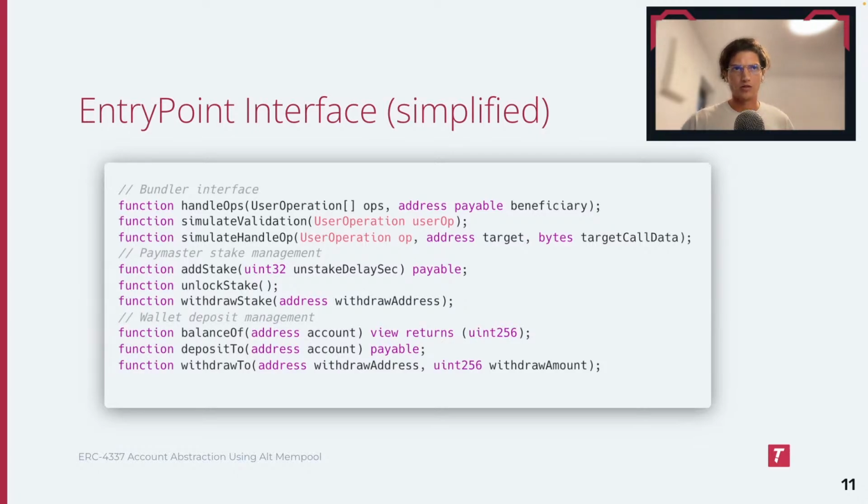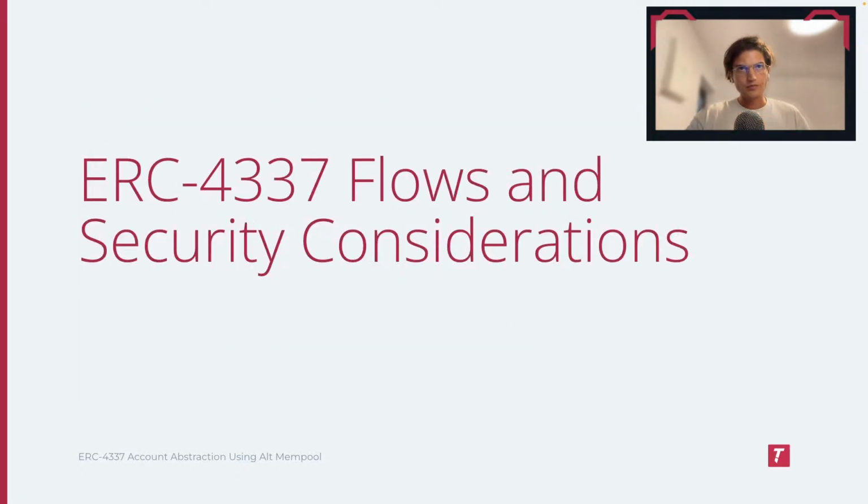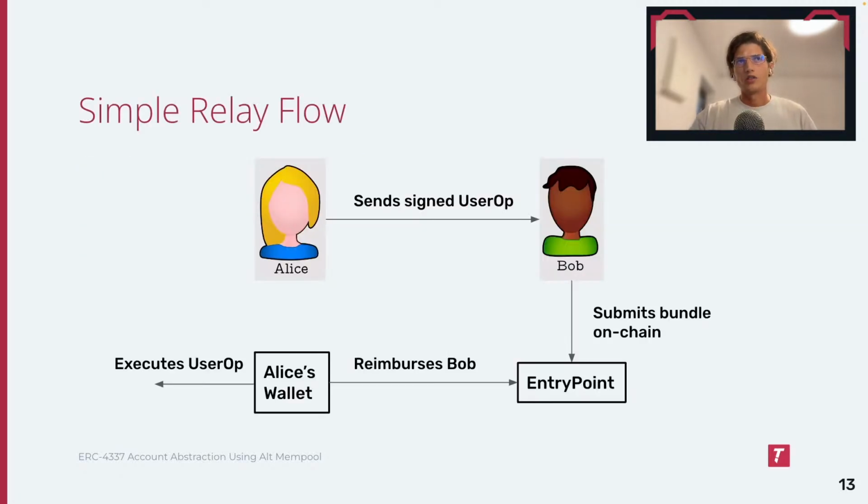The paymaster needs functions for stake management. The wallet needs functions for deposit management. Sorry. So let's get into a specific example of how you would use ERC-4337 and talk about some of these security considerations. This is a simple relay flow.